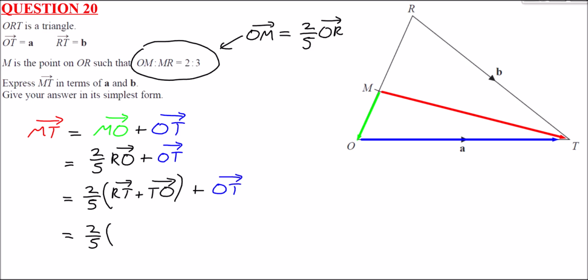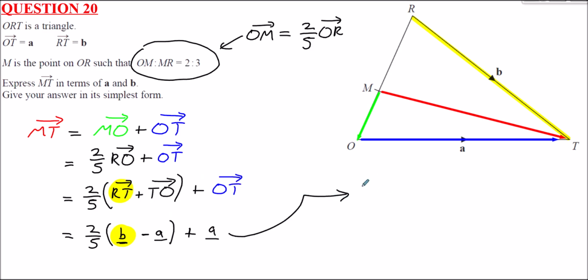Now the vector from R to T, that's vector B. That's 2/5 of B plus TO. Now from T to O is along the line, the vector A, but it's going in the opposite direction. So this is going to be minus vector A. And of course, OT itself, from O to T, is just normal A.